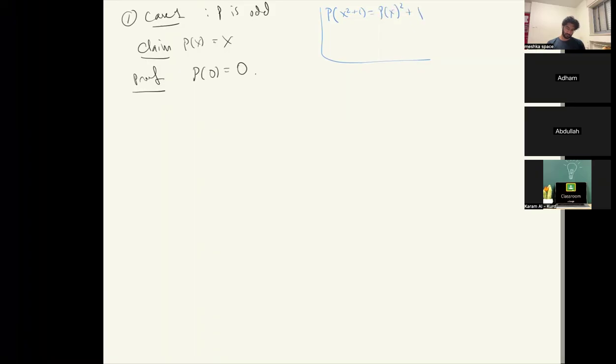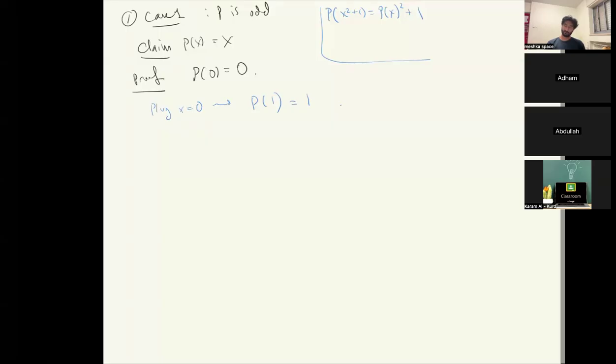And so we have p of 1 equal 1. Great, so we plug in x equals 0, and it gives us p of 1 equals 1.